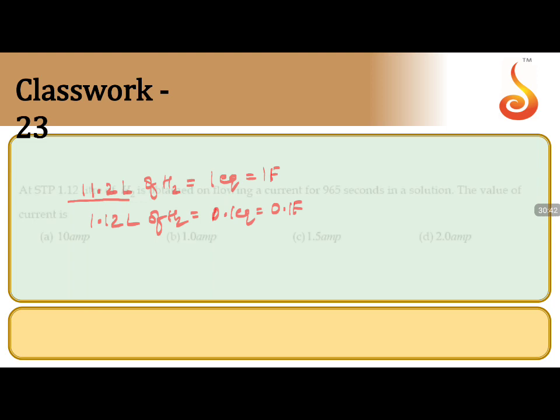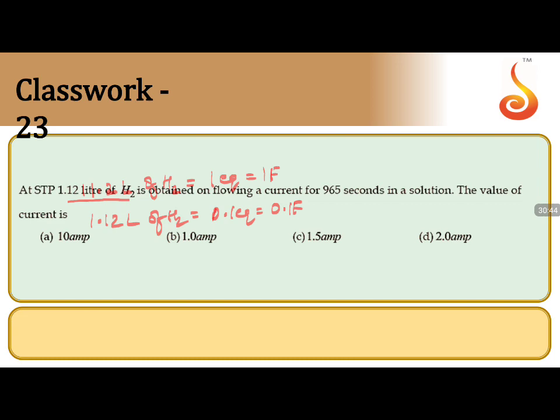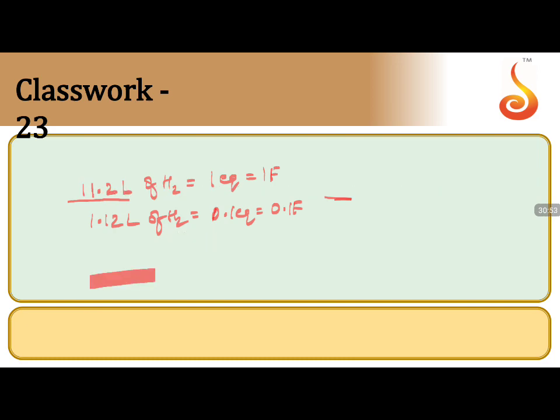Coming to the question, 1.12 liters of hydrogen is obtained on flowing a current for 965 seconds. Now the number of equivalents is equal to I times T divided by 96,500. This is our formula.